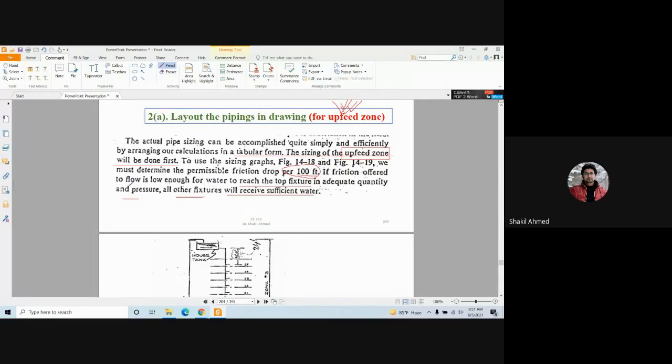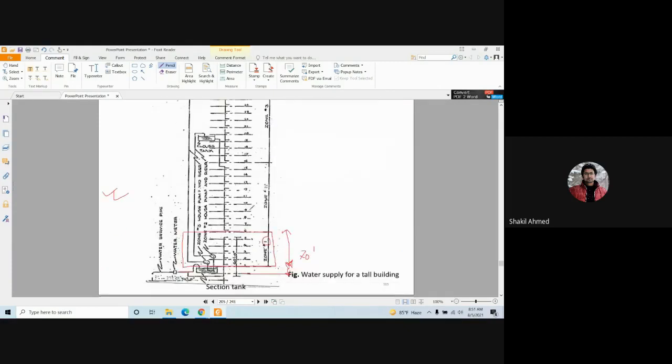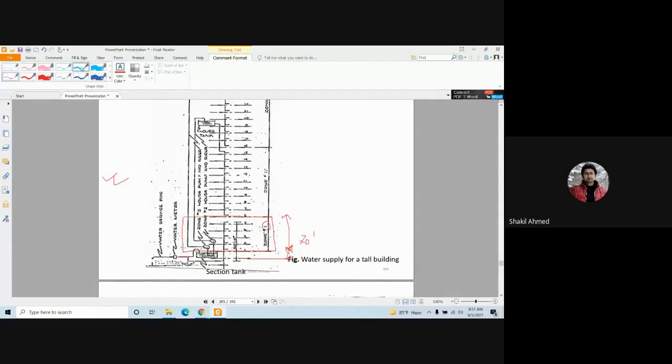What does that mean? That means what is your top fixture here in this upfeed zone? This is the top fixture.